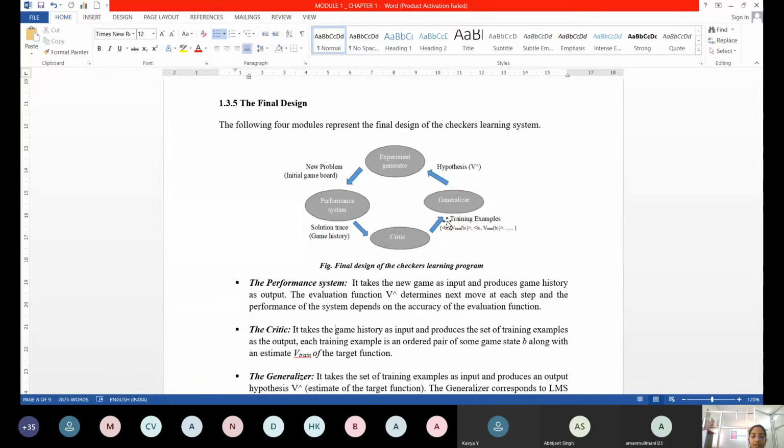In representing our target function, what is the combination of training examples we have seen? The board state along with the value of it, the best move value of it, right? So the critic will take game history as input and provides training examples.